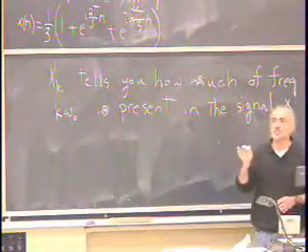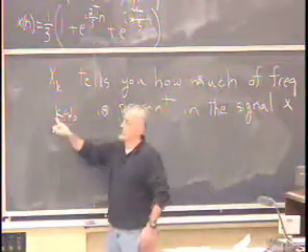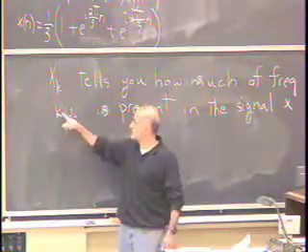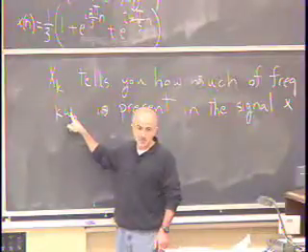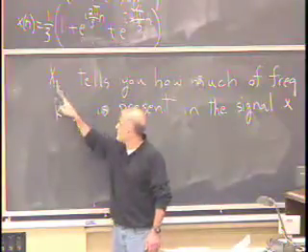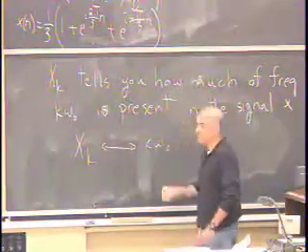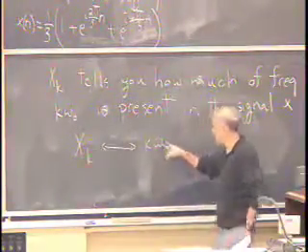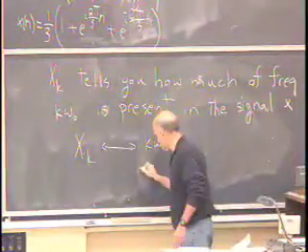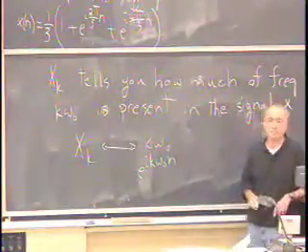So the larger the magnitude of the coefficient, the more of frequency k omega naught is present in the signal. If a particular coefficient xk is 0, that means that particular multiple of omega naught, that particular harmonic, is absent from the signal. So essentially the xk's and the k omega naughts go hand in hand. This guy tells you how much of this frequency is present in the signal by telling you what the presence of this complex exponential is in the expansion of x.